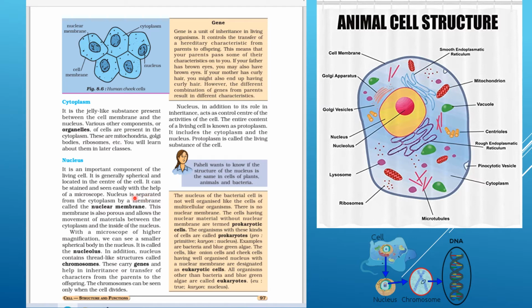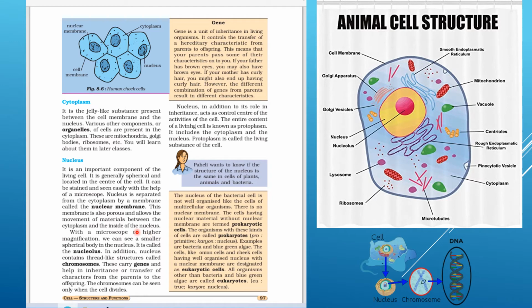It can be stained and easily seen with the help of a microscope. The nucleus is separated from the cytoplasm by a membrane called the nuclear membrane. This membrane is also porous, and it allows the movement of material between the cytoplasm and the inside of the nucleus, whatever the requirements are.